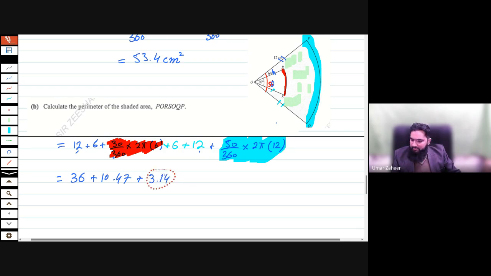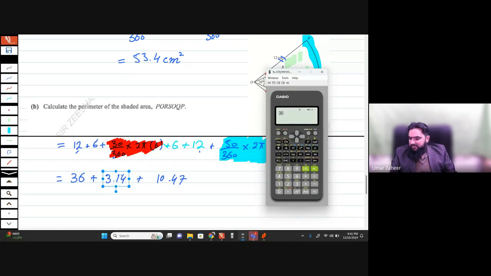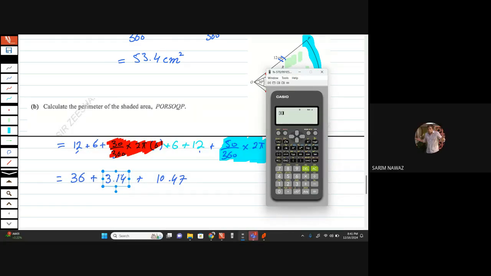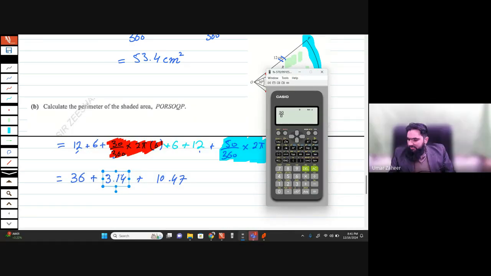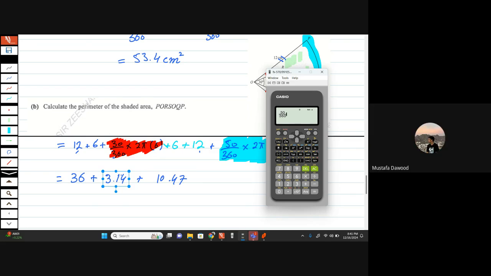I think this is 3.14 and it is 10.47, because one is bigger and one is smaller. Can any other student please confirm the answer? Sir, I got the same. You got the same one? Yes, sir, 3.14 and 10.47.